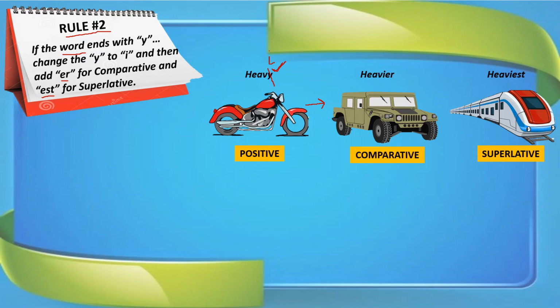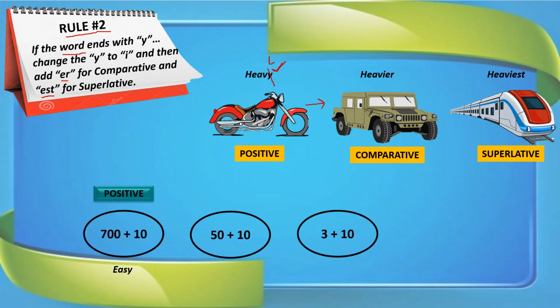Let us look at the second example. The second example is the word easy. Again, easy is an adjective of positive degree. Now here if we look at the word easy, this again ends with the letter Y. So to make it comparative, the first step is that you replace the letter Y with the letter I, and after you have done the replacement, then you add the suitable suffixes.